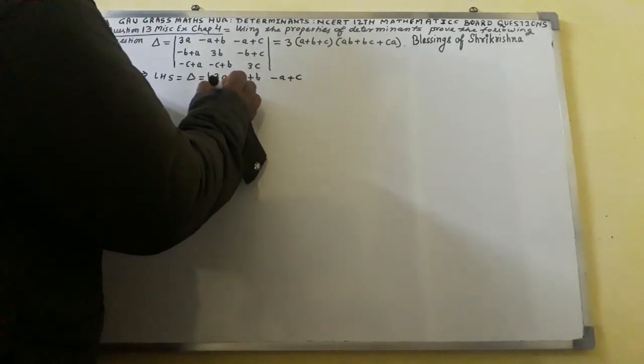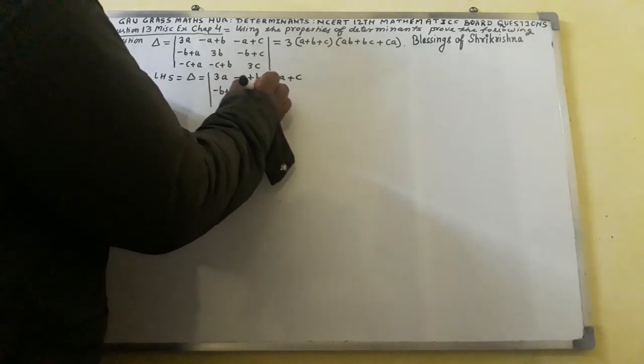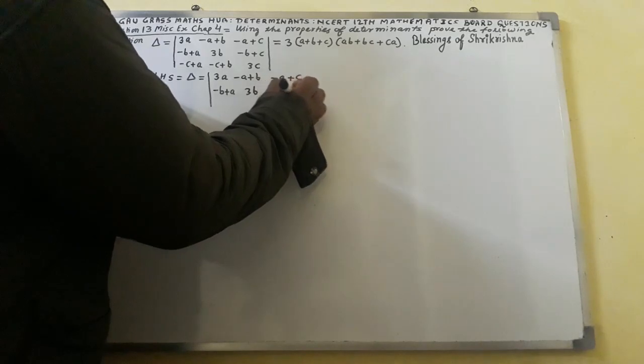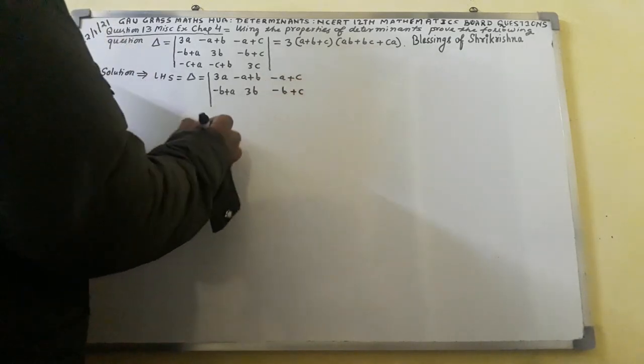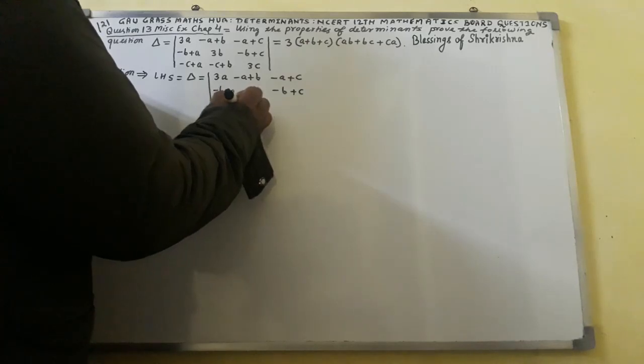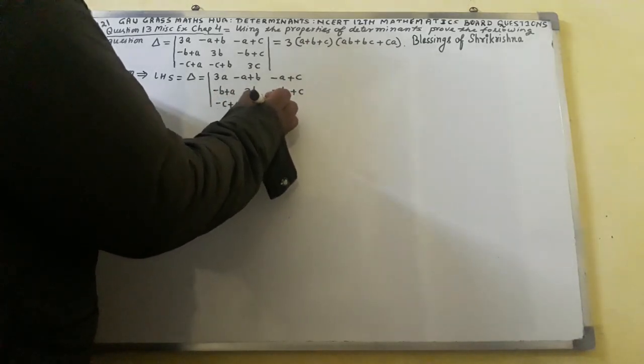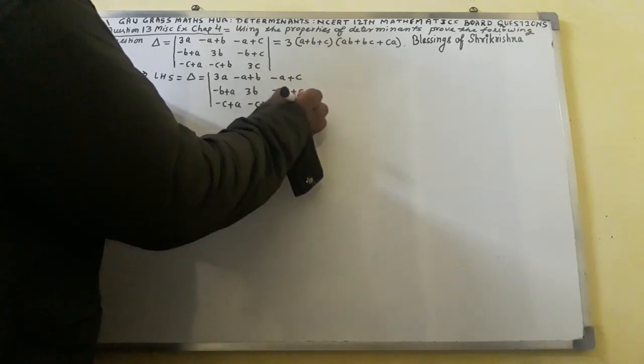Elements of the second row I shall write minus b plus a, 3b, minus b plus c. Elements of the third row I shall write minus c plus a, minus c plus b, 3c.